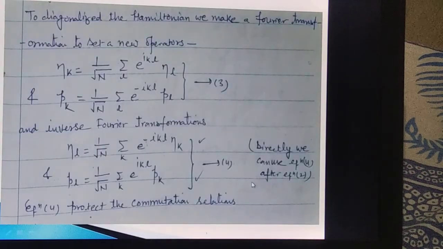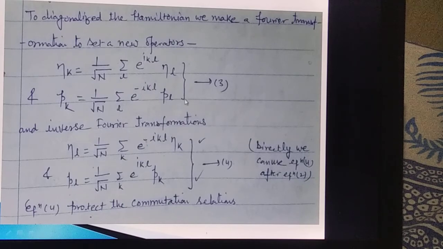So to diagonalize the Hamiltonian, we make use of Fourier transformations, as we already did for the simple harmonic oscillator problem.